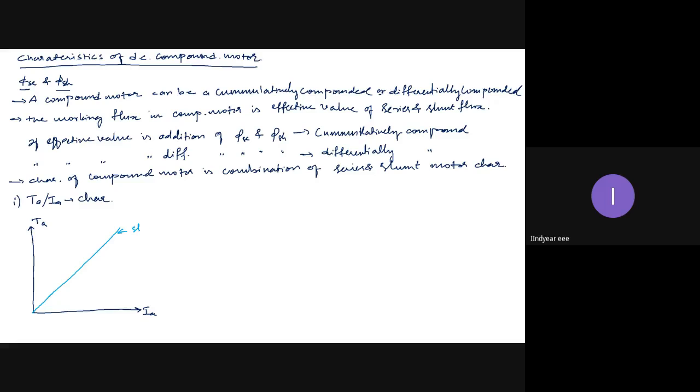So this is shunt motor. And torque is squarely varying in series motor.